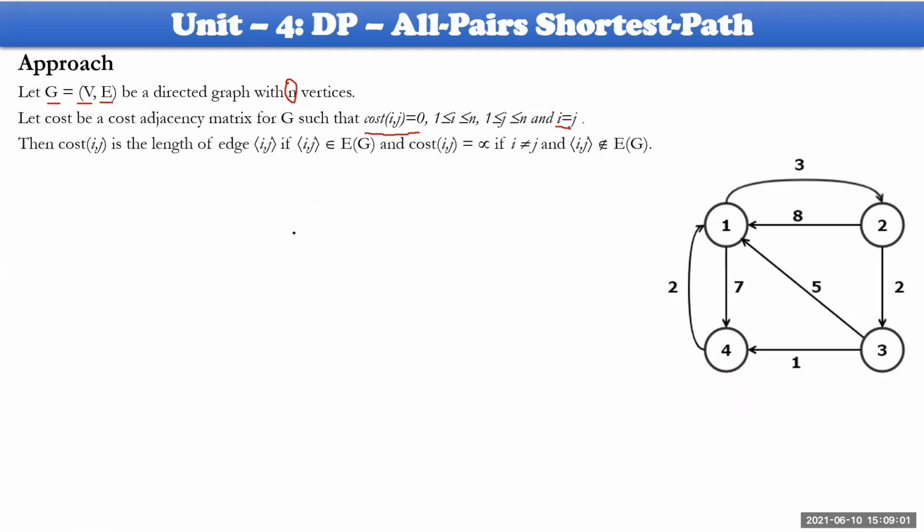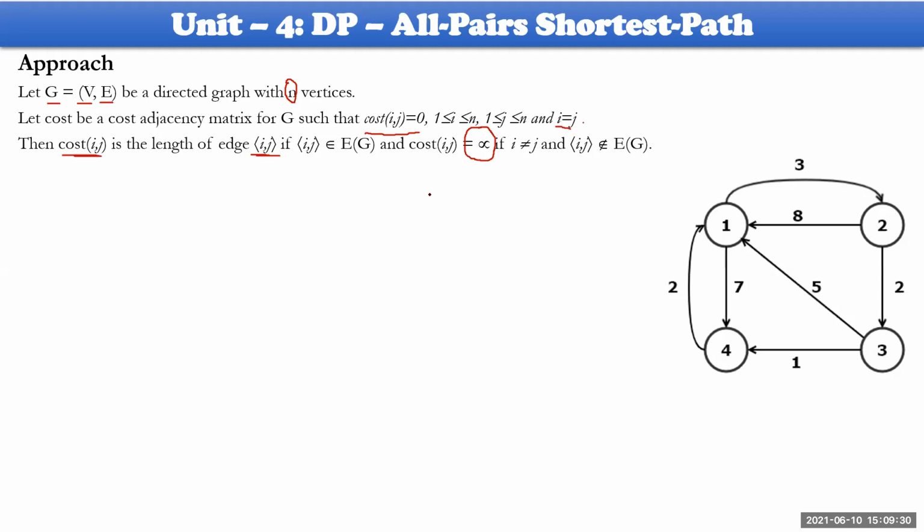And the remaining cost will be mentioned like this. If an edge is available as a directed edge between i comma j, we have to mention the edge cost straight away. Otherwise, it is mentioned as infinity if the edge does not exist between i comma j.